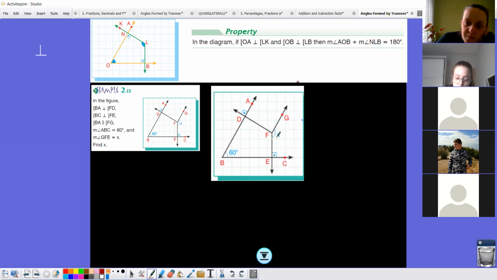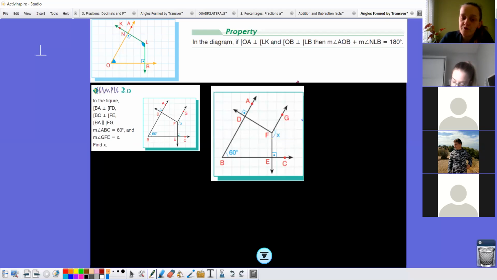BC is perpendicular to FE. And BA is parallel to FG. These two are parallel to each other. And the measure of angle ABC is 60 degrees. And GFE is X, and we're looking for X.